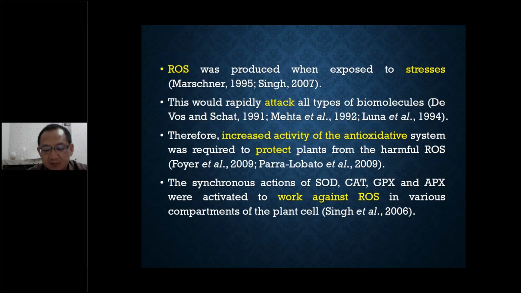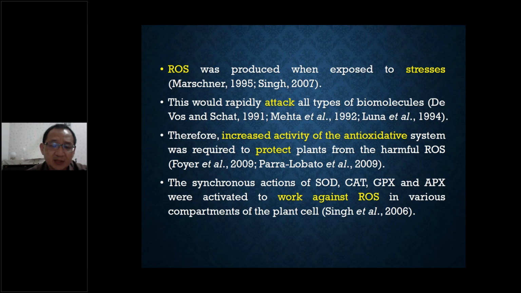What we can understand from our work is that ROS was produced when exposed to stresses, and this claim can only be verified when we have done the work under laboratory hydroponic conditions. ROS would rapidly attack all types of biomolecules, so increased activity of the antioxidative system was required to protect the plant from the harmful ROS.